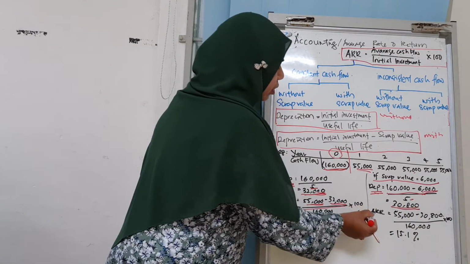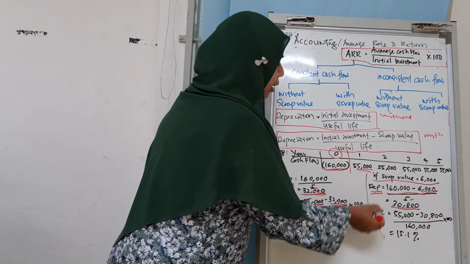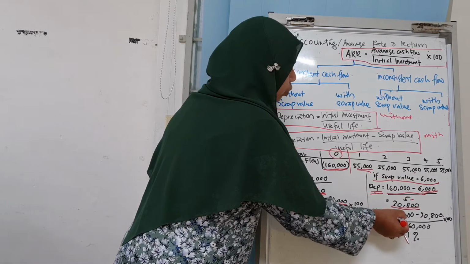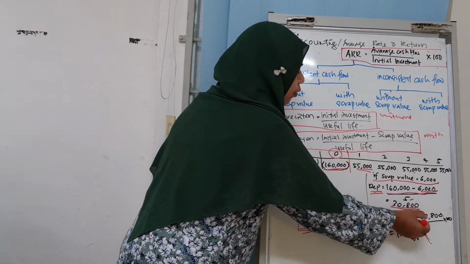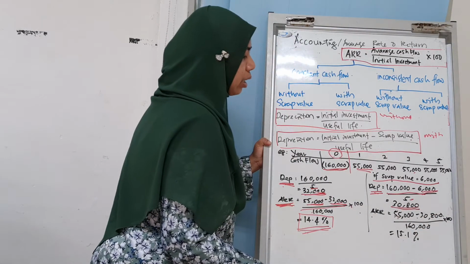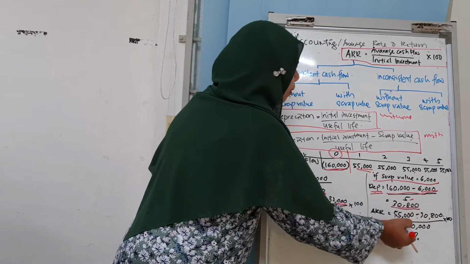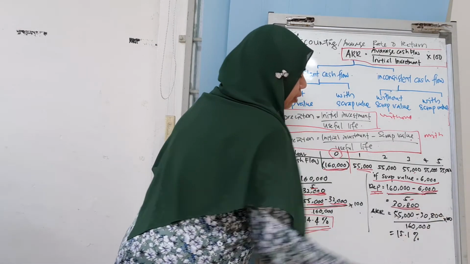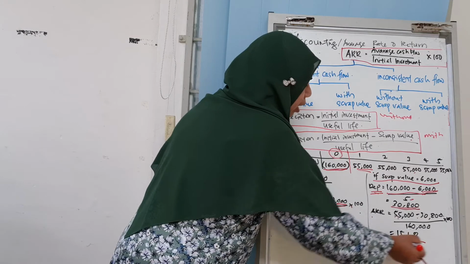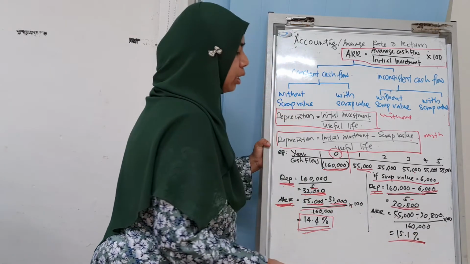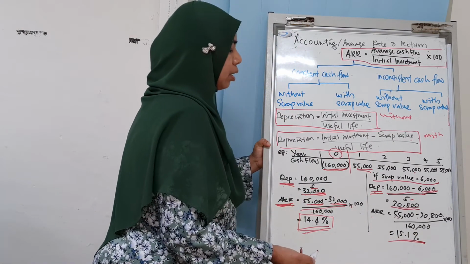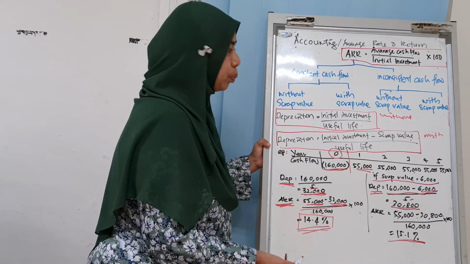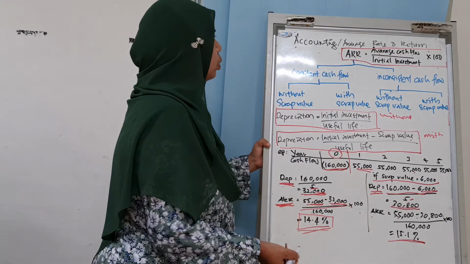Then calculate the ARR: 15,000, the average cash flow, minus depreciation 30,800, divided by initial investment 160,000, times 100. So the ARR for this project is 15.1%.